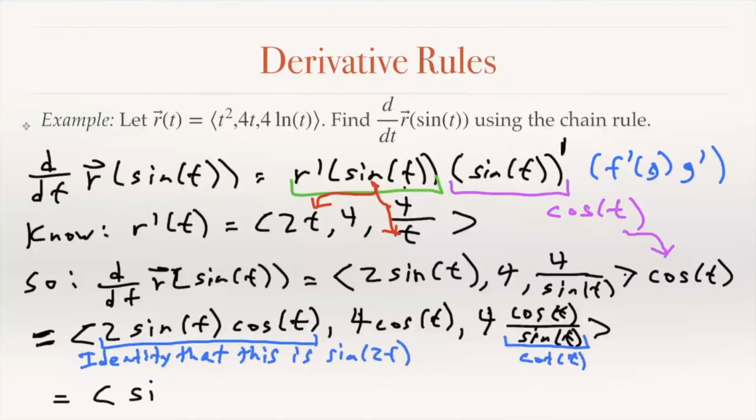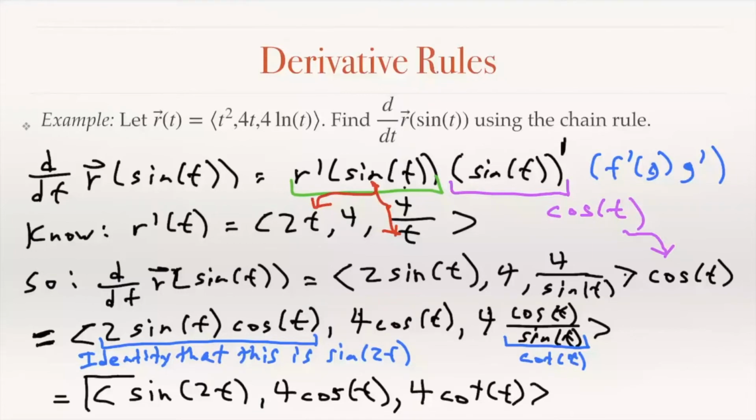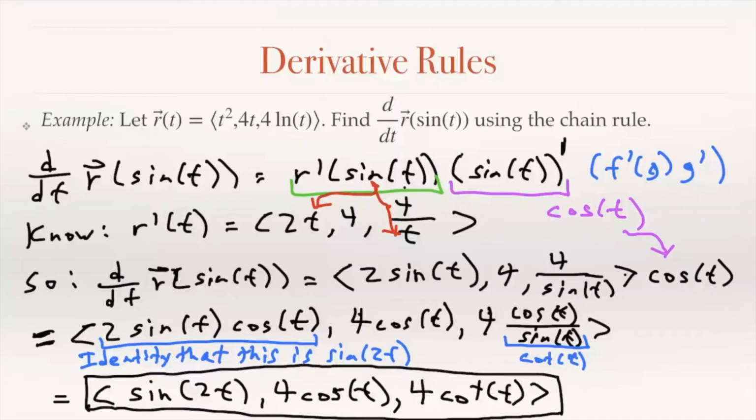So this is sine of 2t, comma 4 cosine of t, comma 4 cotangent of t. Is the derivative of r of sine of t using the chain rule and this trig identity, double angle identity. In this class, it's useful to know the double angle identities in general, as we saw in chapter 14.1.